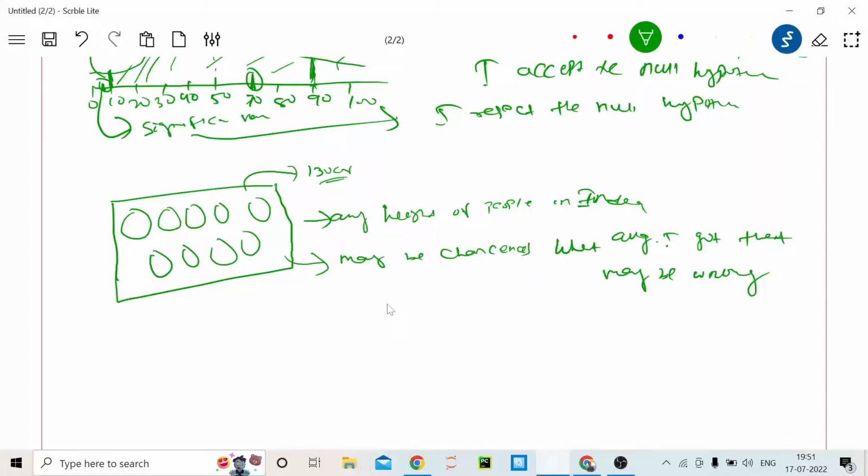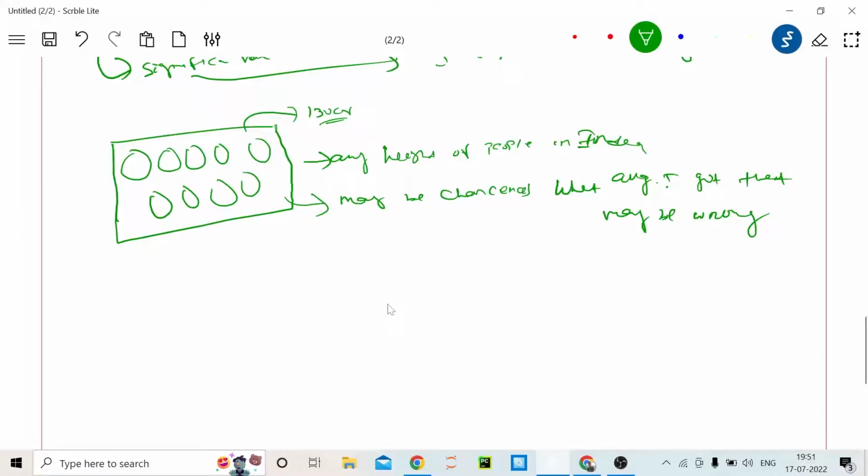In that case, what experts do is, let's say we got the sample, we can take the confidence interval as, let's say, 80%. Let's say this is our distribution, and our confidence interval is 70%, that means 15 to 85.